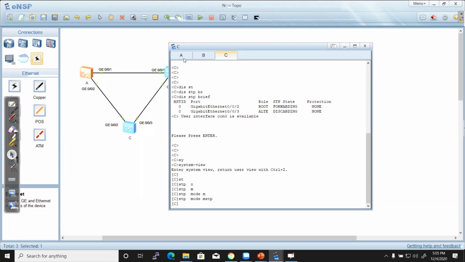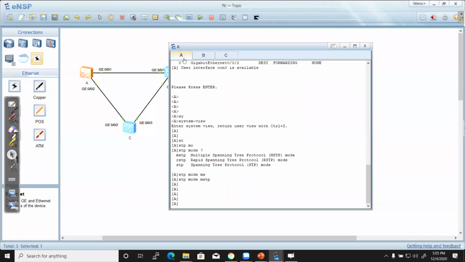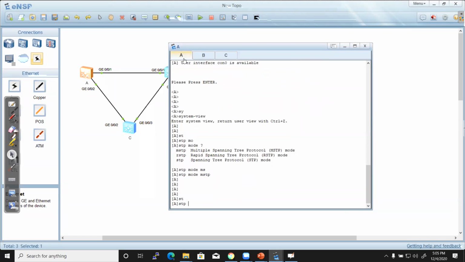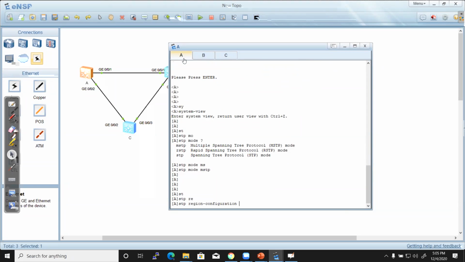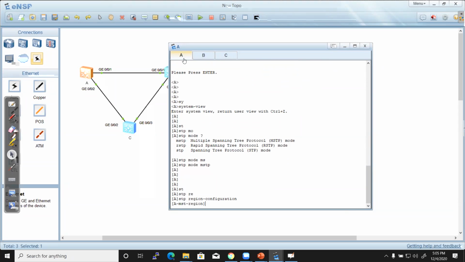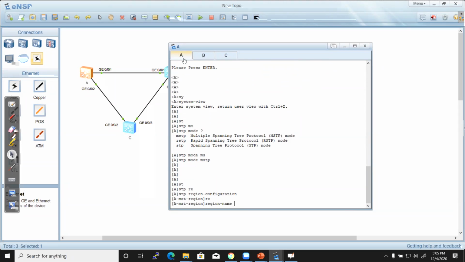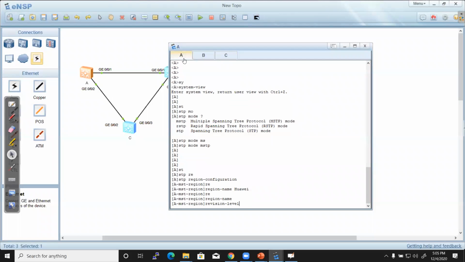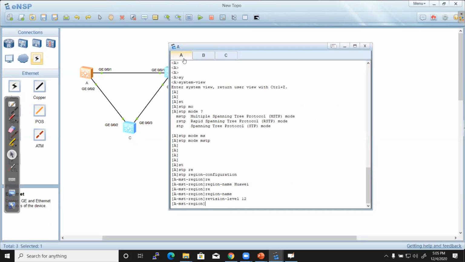Okay. Then again at A, I will say stp region-configuration. You need to configure a region, and in that region you will set any name. For example, I'm setting Huawei, and the revision level, which could be any integer value. So you need to configure the domain by the name Huawei, and you need to configure any integer value for that group.